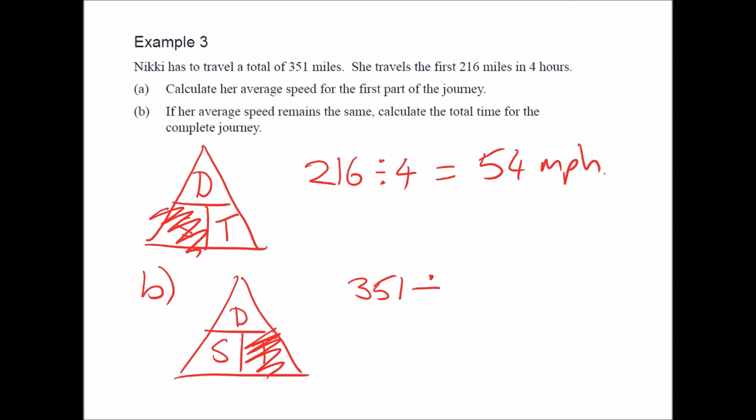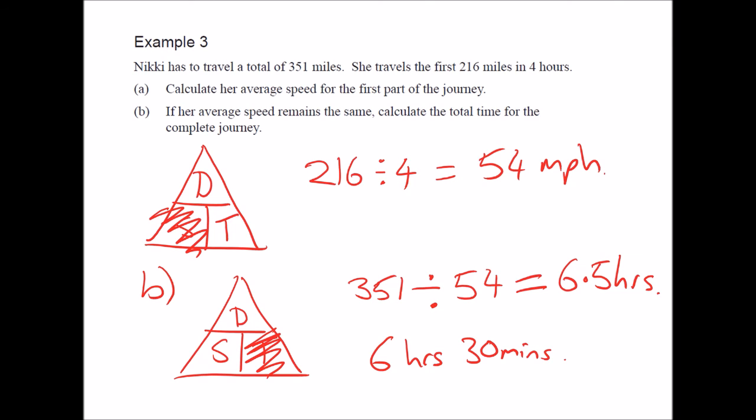And the speed, we were told that it remains the same. So if it was 54 in the previous part of the journey, it's going to still be 54 for the whole thing. So we'll do 351 divided by 54, and that is going to work out the time. If I do that on the calculator, that is 6.5 hours. Maybe we should write that as 6 hours and 30 minutes, so we have a good reference there of number of minutes.